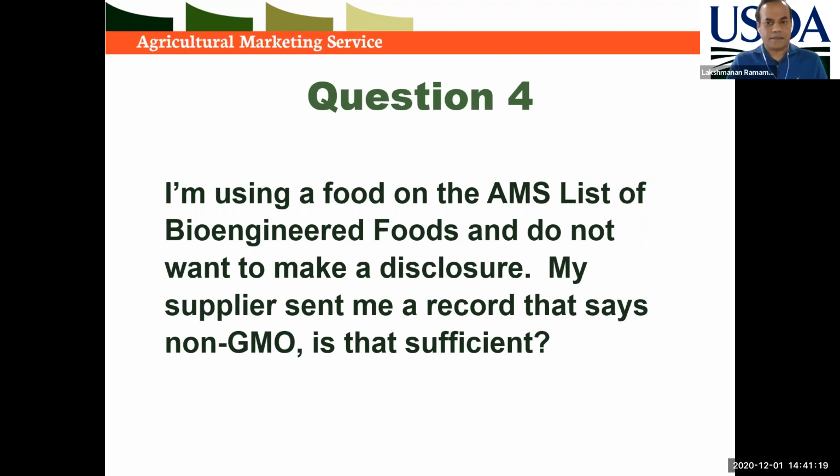A record that indicates food is produced from a non-bioengineered crop. A record that indicates the food has been subjected to a refinement process validated to render modified genetic material undetectable. Third is a record such as a certificate of analysis or other testing record appropriate to a specific food that confirms the absence of a detectable modified genetic material.